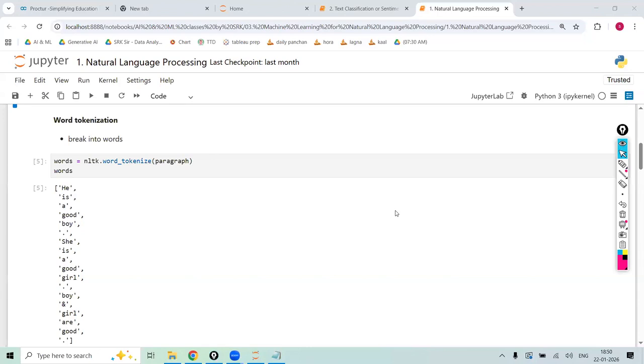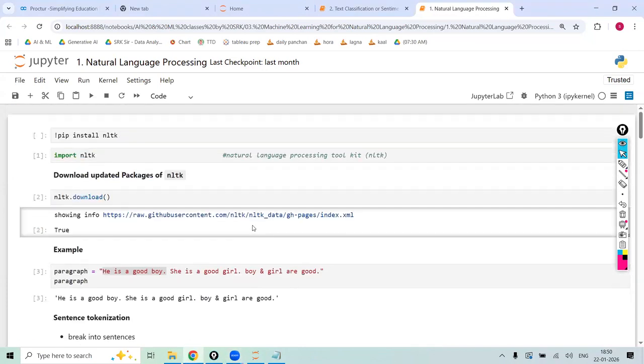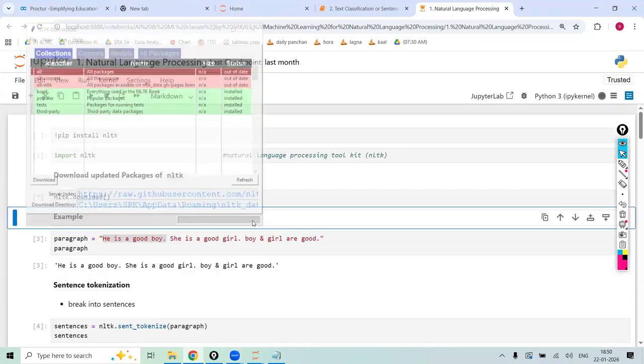Here Bharat says that he got the same error. He just clicked download by selecting all of them. Okay, as Bharat is saying, selecting all of them.